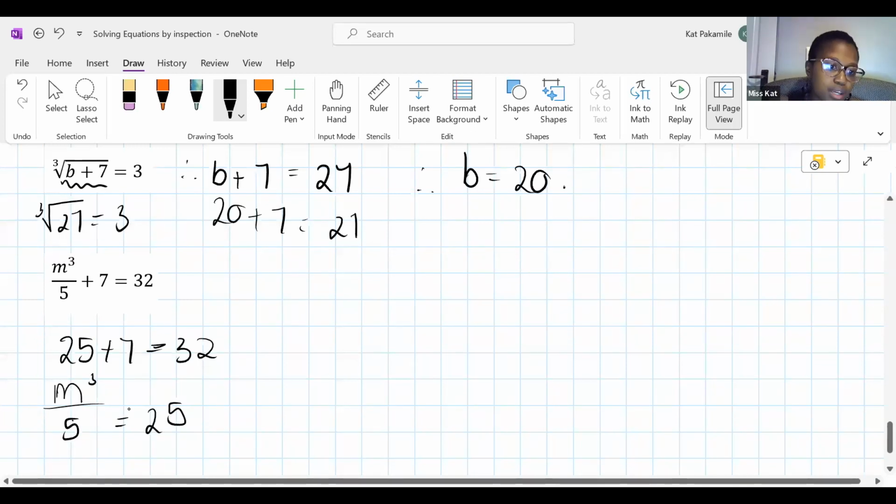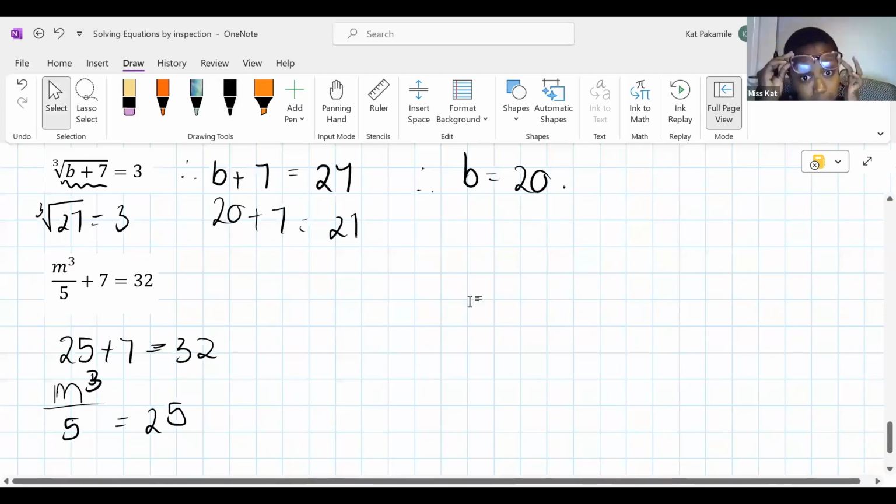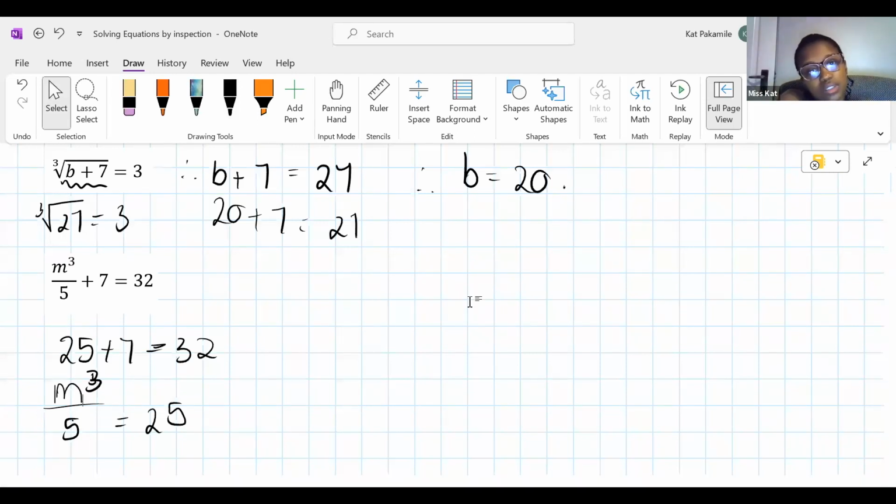Now we say what divided by 5 will be 25. Which number divided by 5 will equal 25? There we go. 125 divided by 5 will give me 25. Therefore, 125 is equal to what?